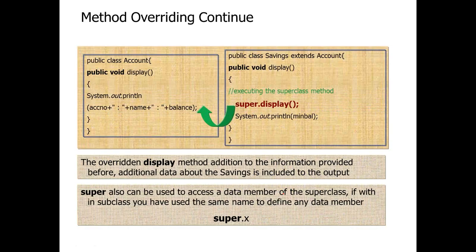So in this example, if you look at the method display in account class, it has print line, account number, name and balance. And in case of savings account, it has display, it is calling super.display, and it is simply displaying the minimum balance.